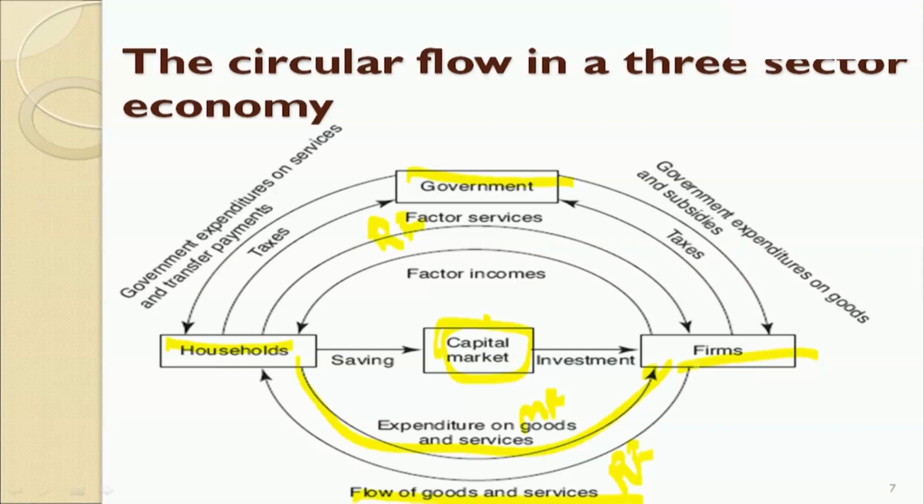For the factor services received from the household, the firms make payment, what we call a factor payment, the factor income received by the household in terms of monetary flow.